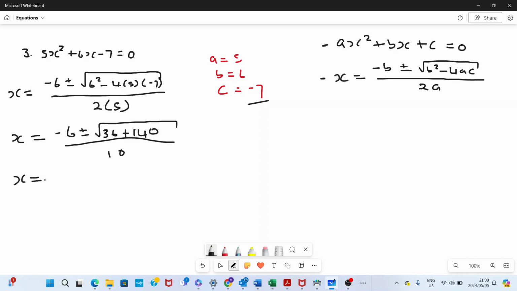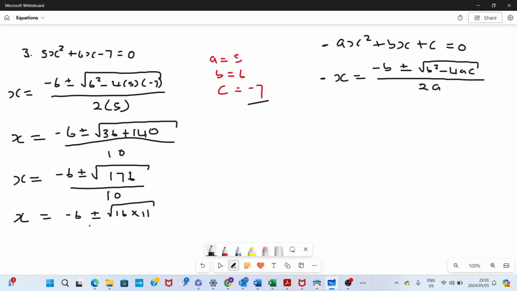So x is then equal to minus 6 plus minus the root of 176 over 10. And if you want to simplify this further, we can say minus 6 plus minus the root of 16 times 11 over 10.